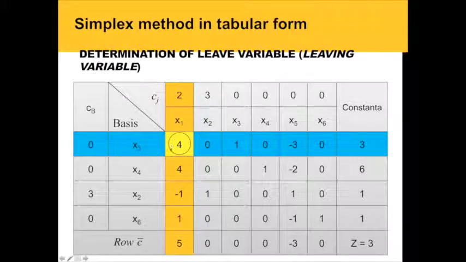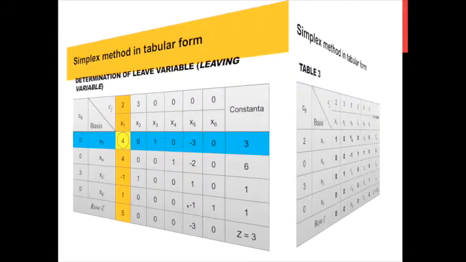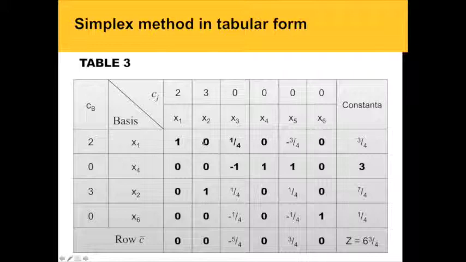So this is our new pivot point, and it must be changed into 1, and the others like before change into 0. It becomes 0, 0, 0. So tada, it's becoming 1 and 0 and 0 and 0.